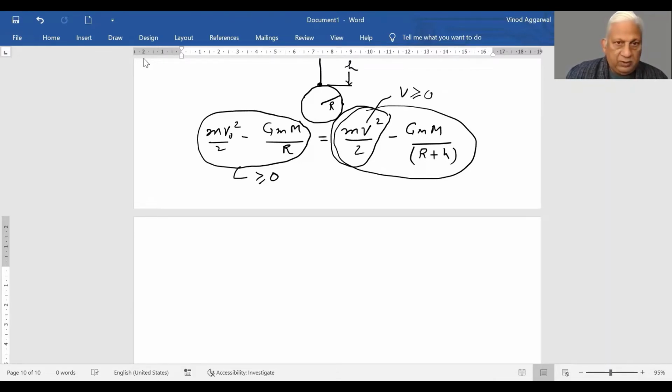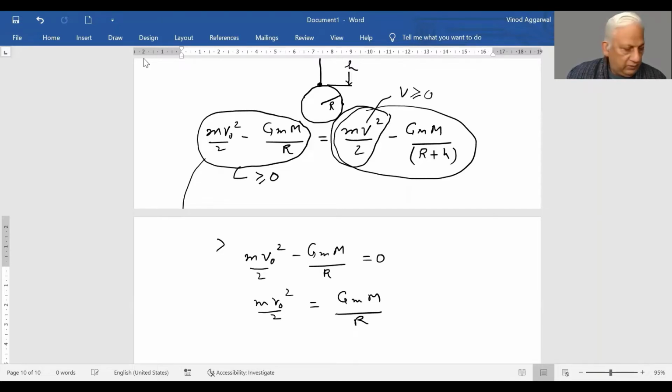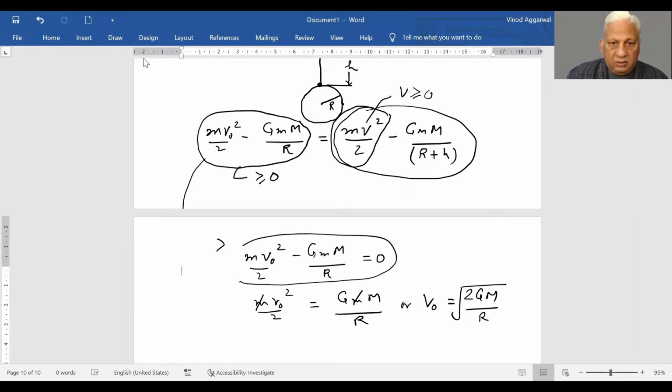So what happens is now, if we take this equation here, V naught is equal to, if we cancel out m from both the sides, root of 2GM over R. Now this is assuming this term became 0.